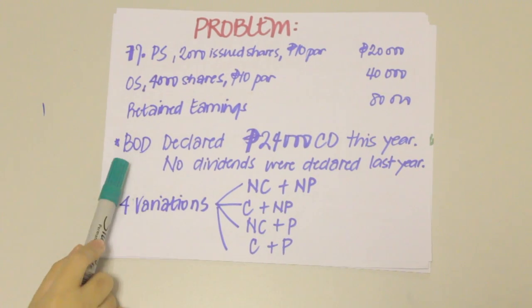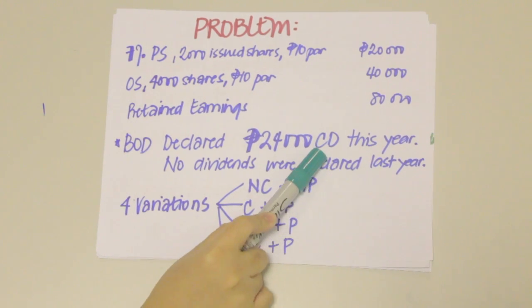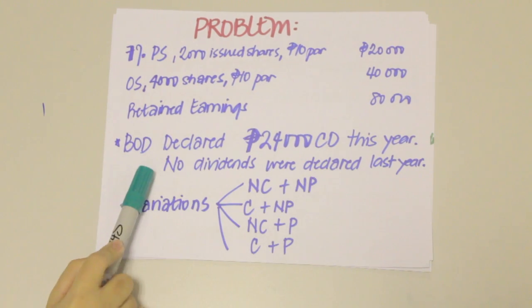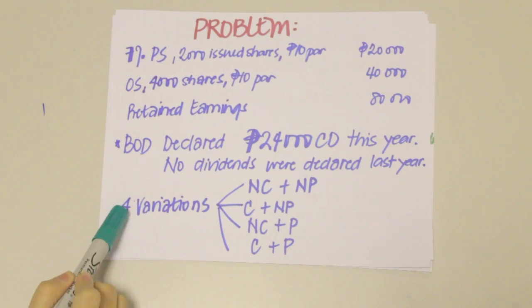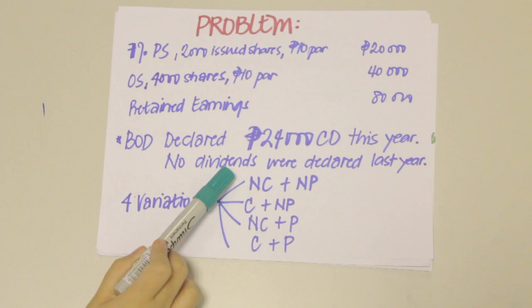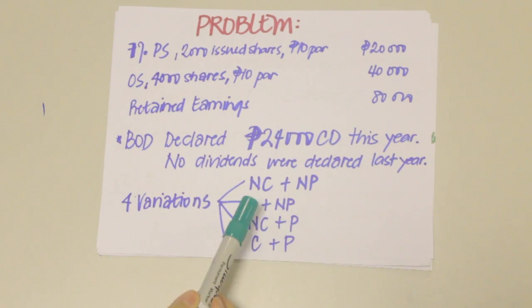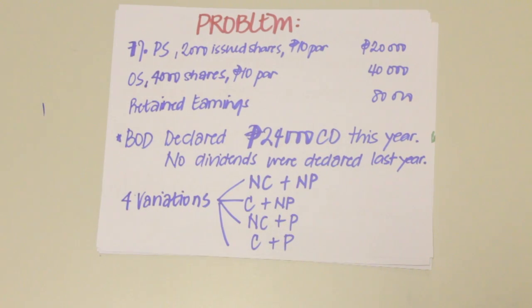And assuming that the board of directors declared 24,000 pesos worth of cash dividends this year, but no dividends were declared last year. So again, there are four variations, the combinations I discussed earlier. So that's non-cumulative non-participating, cumulative non-participating, non-cumulative participating, and cumulative participating.